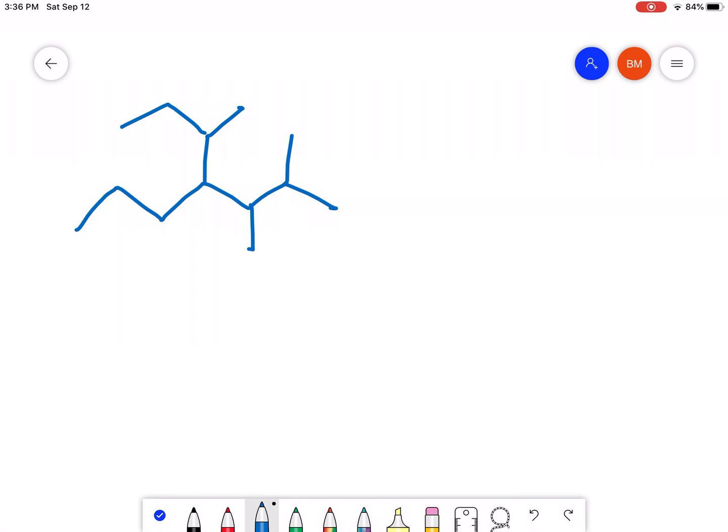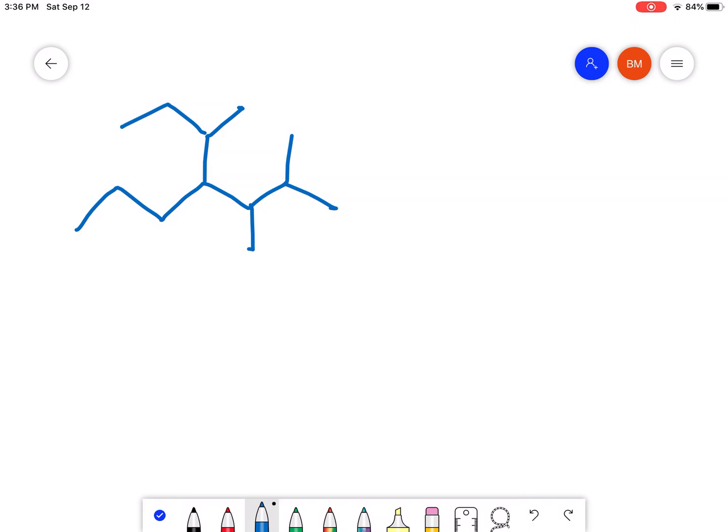Now we've got to do a little bit of thinking here, because it's not quite as obvious where the longest carbon chain is. So let's see. If we just did straight left to right with that middle chain, it'd be 1, 2, 3, 4, 5, 6, 7. If we started up on the top carbon, we could go 1, 2, 3, 4, 5, 6, 7. Hey, guess what? We have a tie for the parent chain.